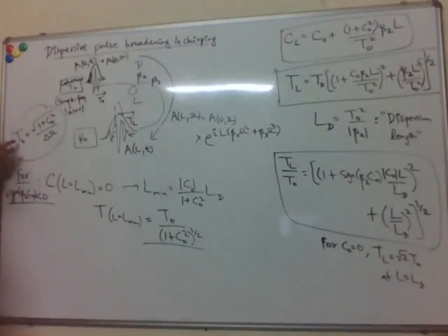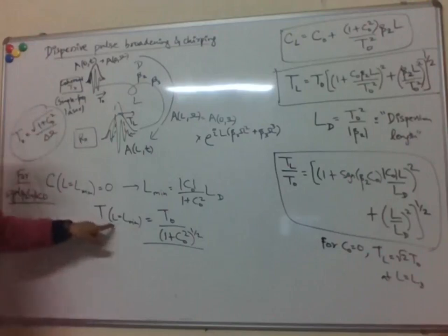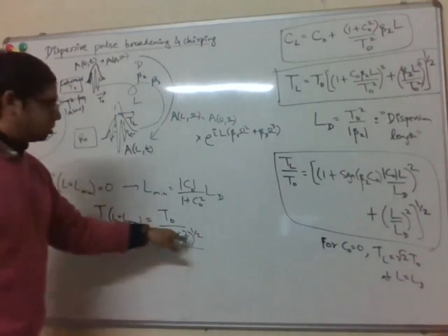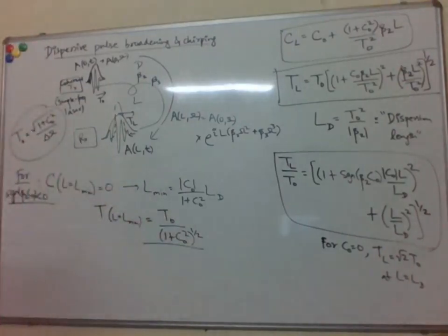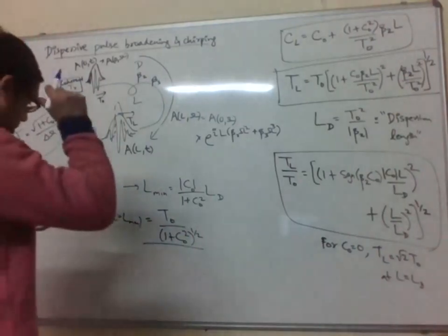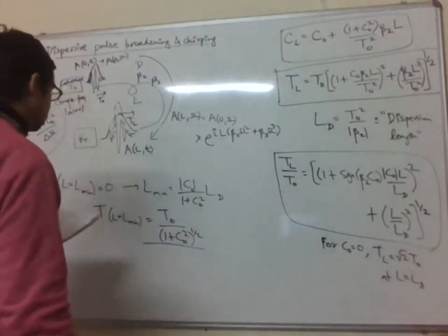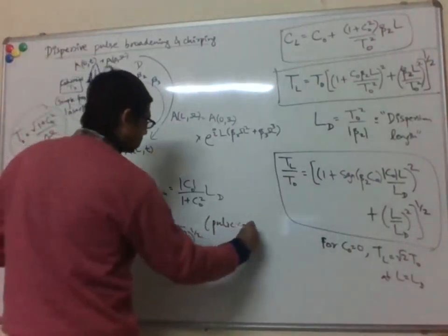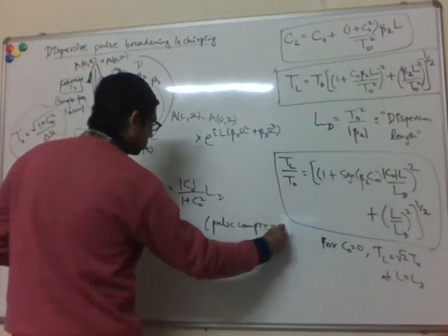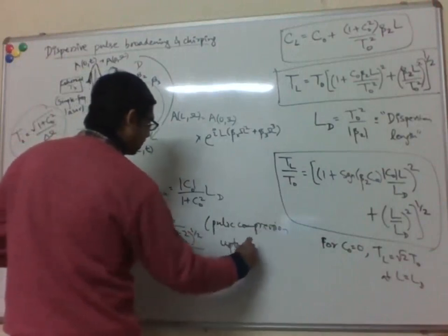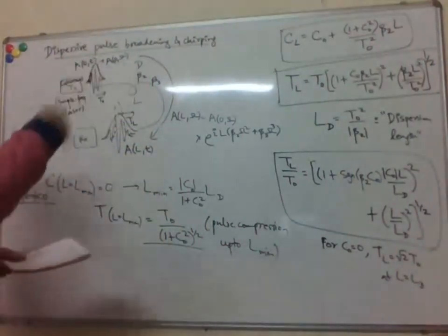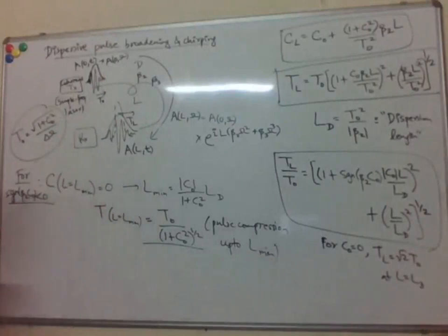And the pulse we are starting out with has a width of square root of 1 plus C0 squared. So the minimum pulse width would be the initial pulse width divided by that. So basically you get pulse compression up to L_min.